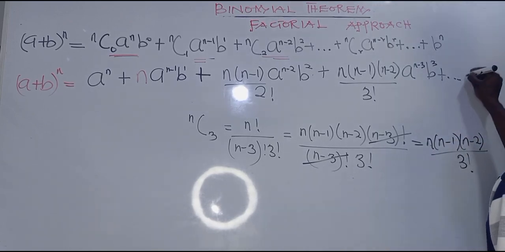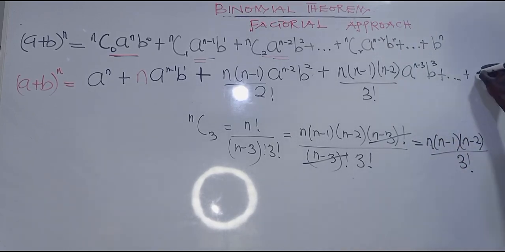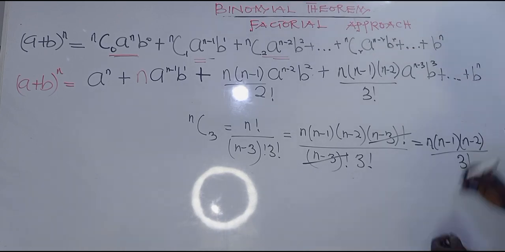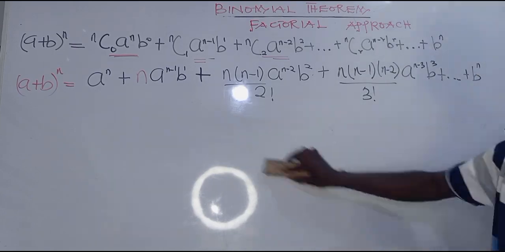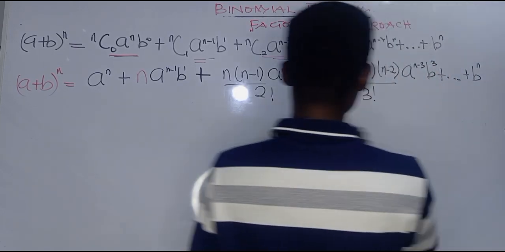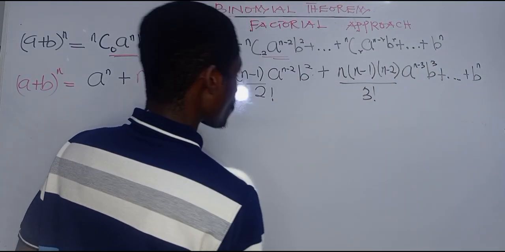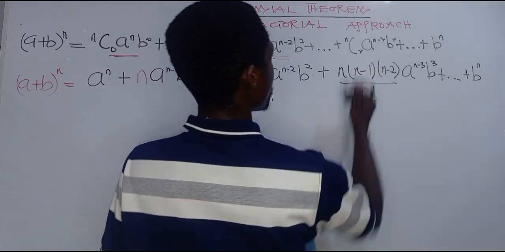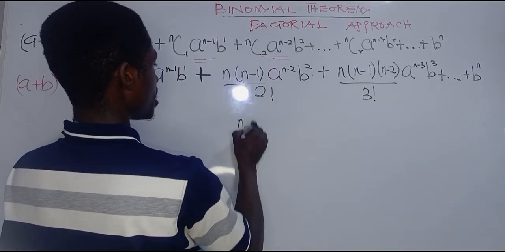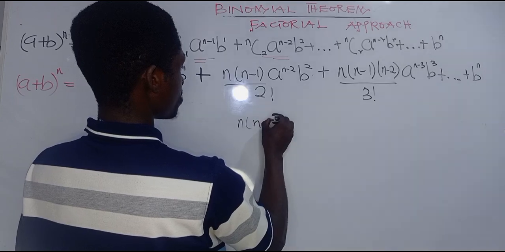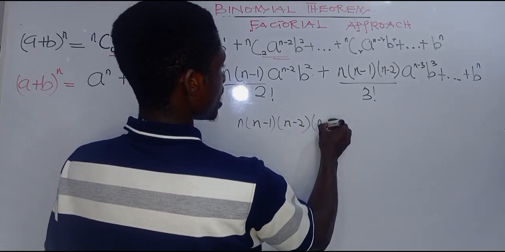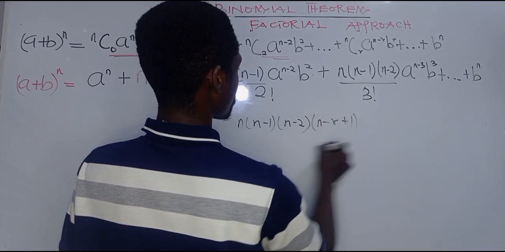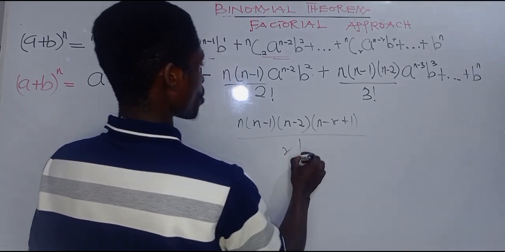Now we can continue up to b power n. Now with this very part, we can have n times (n minus 1) times (n minus 2) up to (n minus r plus 1) all over r factorial.